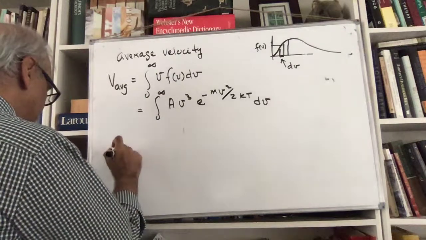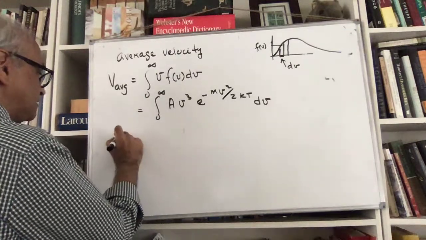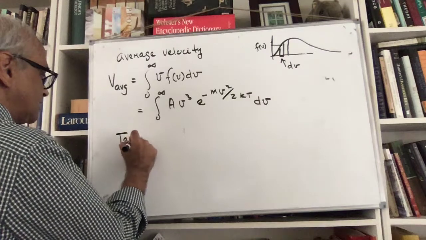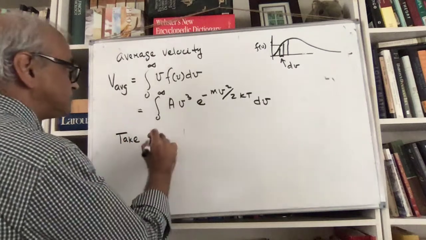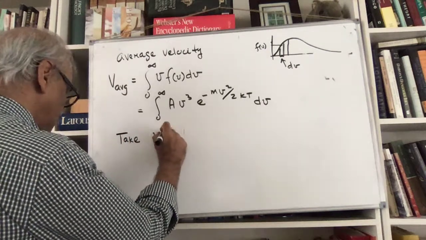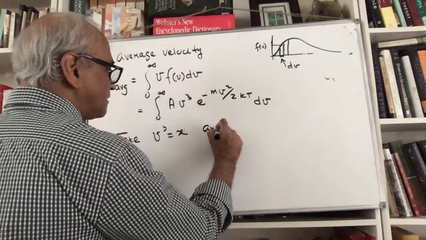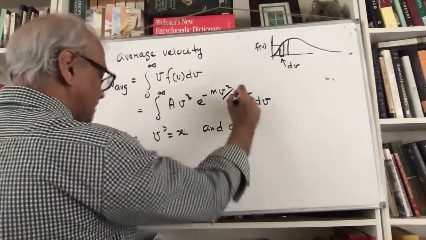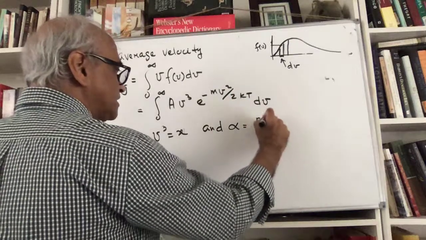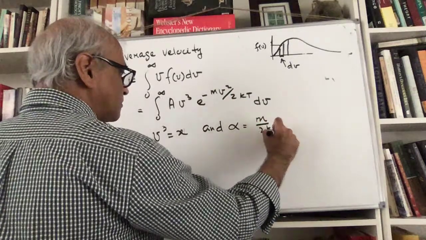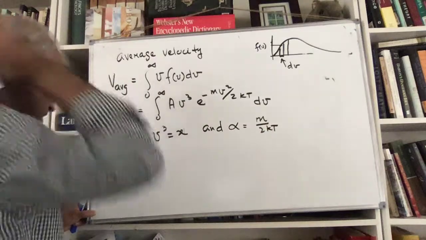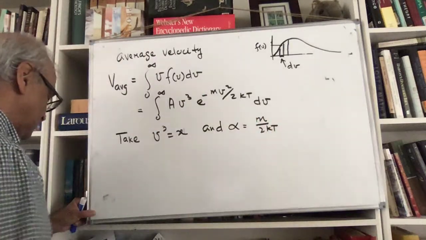Let me do a couple of things here. I need some substitution. Let's take v cube to be x, and alpha equals m over 2kT. That saves a lot of writing this over and over again.